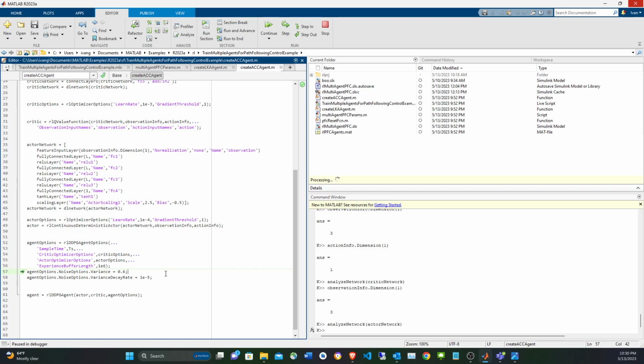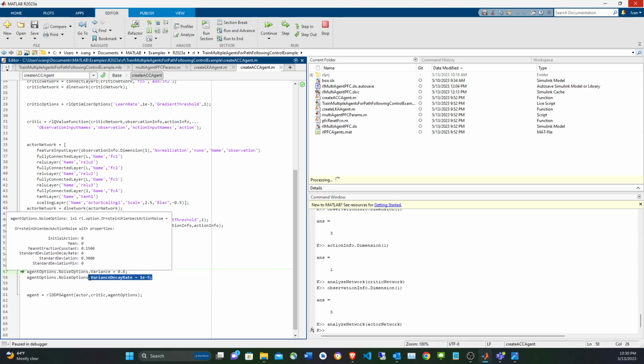So it's more important to have exploration, and this is achieved in this agent through this noise. So it's going to have a relatively large variance at the beginning to explore, and then as time goes by and as the agent gets smarter, it's going to decay at this rate. So you stop exploring as much and start being a little bit more greedy and maximizing the reward.